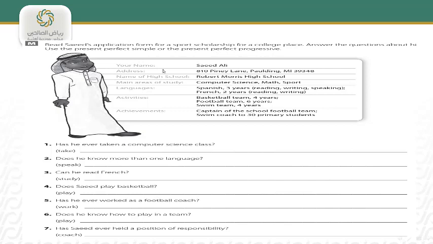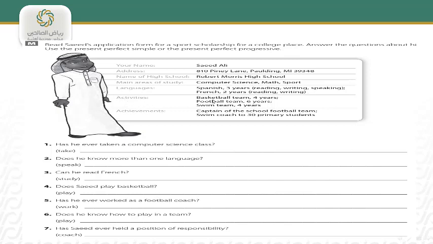We have his identification card. Name: Saeed Ali. Address. Name of high school. Main areas of study: computer science and math. Languages: Spanish, 3 years, reading, writing, speaking; French, 2 years, reading and writing.